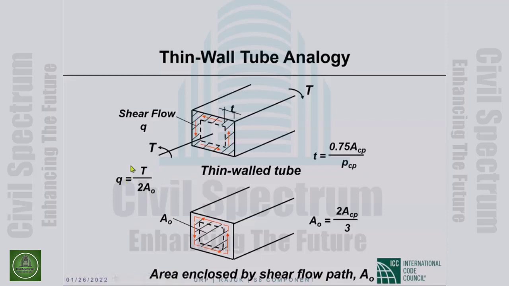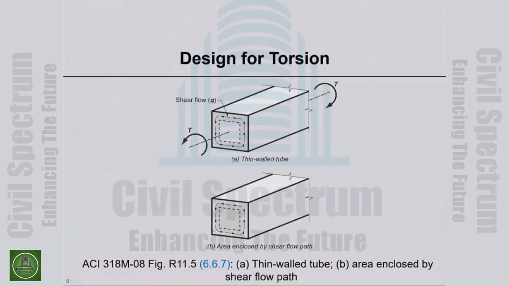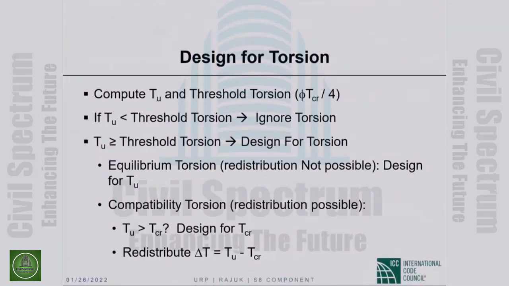This is from strength of materials basically, okay, and the thickness of the tube is 3/4 of the area enclosed A sub cp divided by P sub cp, and A sub 0 is 2/3 of A sub cp. Okay, those are the relationships defining the thin wall tube of ACI 318.